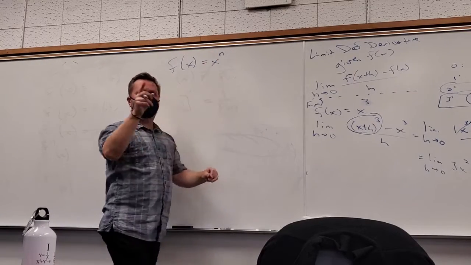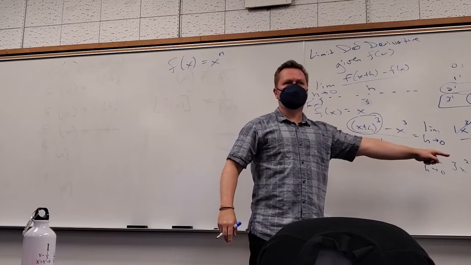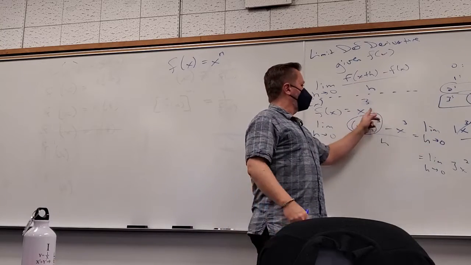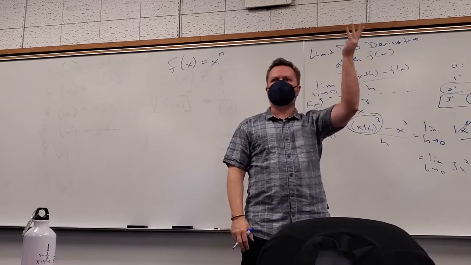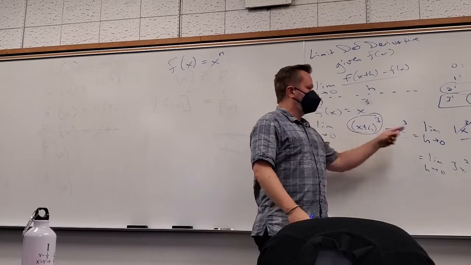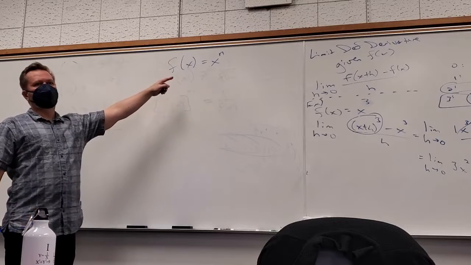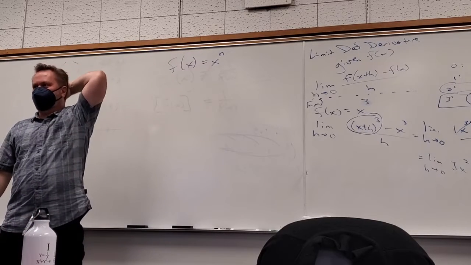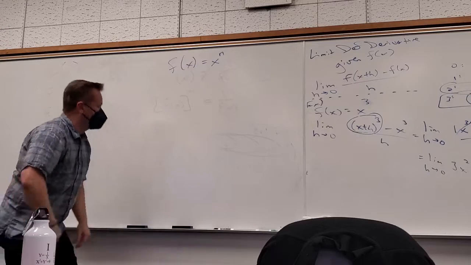All we know so far is that it looks like that's what happened. Maybe that's not really the rule. Maybe the rule is it's always 3 times x and the power goes down by 1. We only have one thing to go on here, and it's not enough. So we're going to do every single possible power all at once. Does that sound exciting?